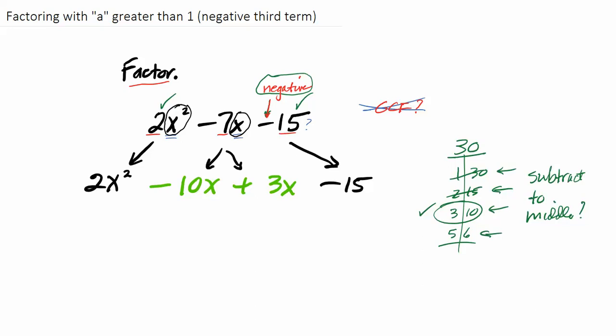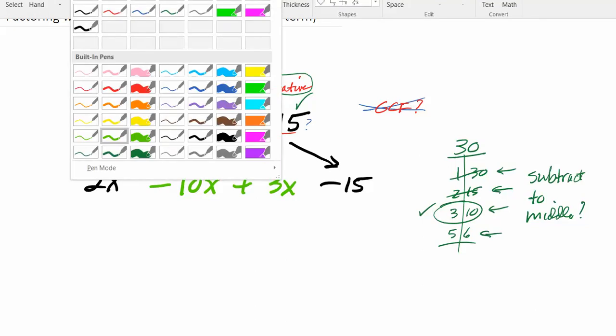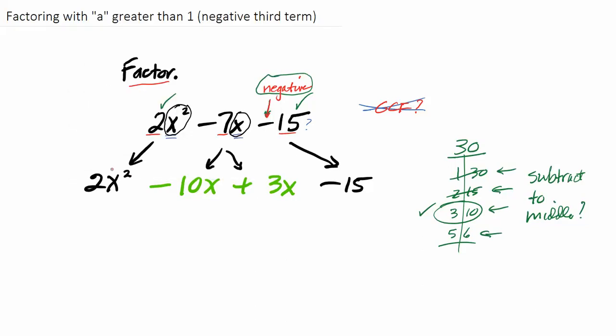At this point, I have a 4-term polynomial, and I'm going to factor by grouping and see if I can. So let's go ahead. I'll adjust my color a little bit. The first thing I'm going to do is take this first group and pull out the GCF. The first way I'm supposed to factor is with GCF. So I'm going to pull out, looks like a 2 can come out, and an x. When I factor out a 2 and an x, what is remaining?